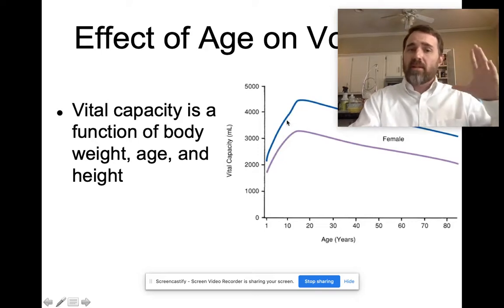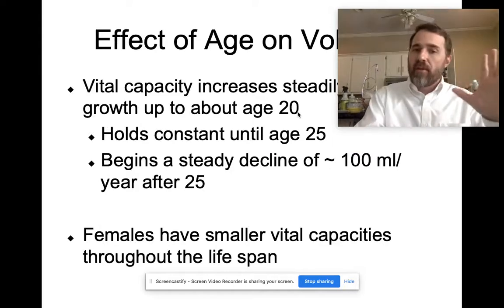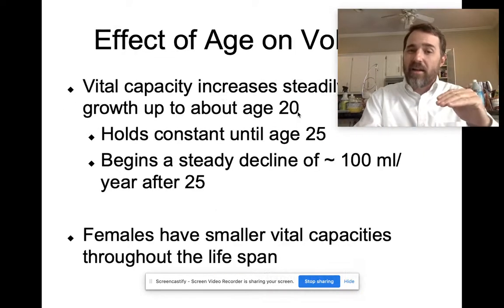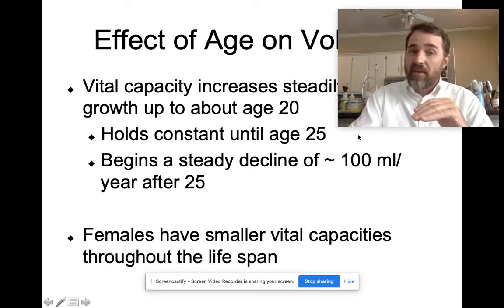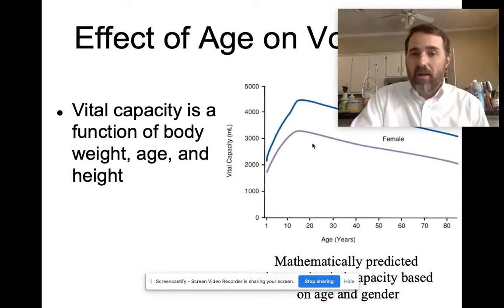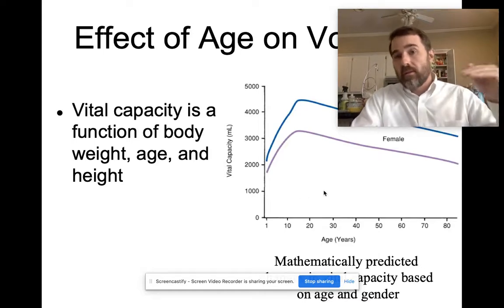But once you get to be about the age of 20, 25, from then on, your vital capacity is going to steadily decline about 100 milliliters every year. So you can see that graphed here. As you age, your vital capacity lowers.